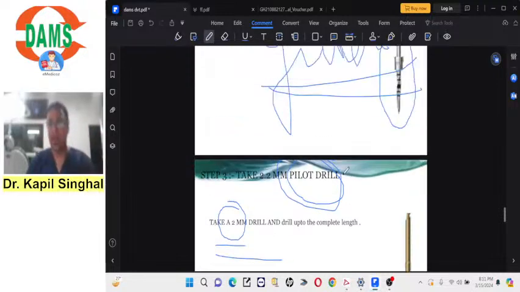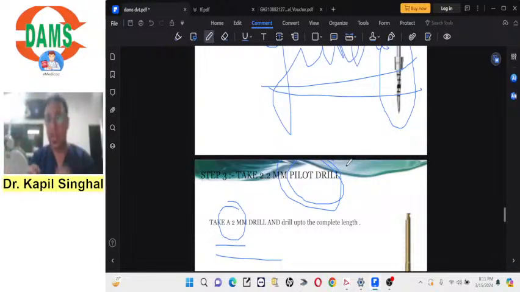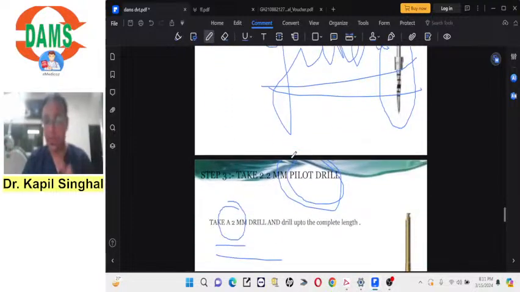In case they ask which is the first drill that is used, and the options do not include guide drill or lens drill, and only pilot drill is an option, then the best answer would be pilot drill.